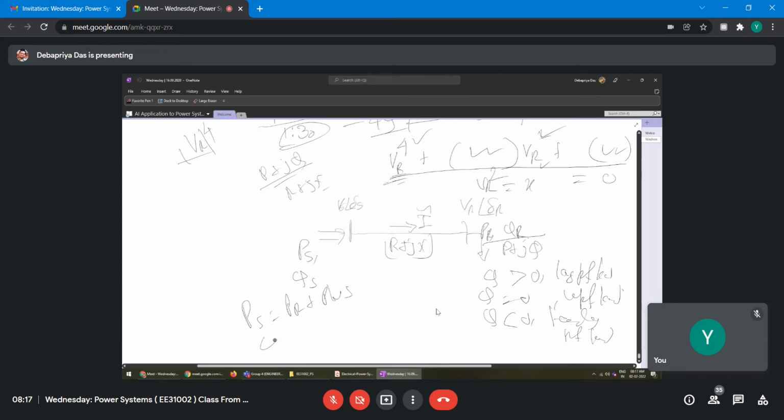Similarly, QS is equal to the receiving end reactive power plus Q loss, where Q loss means I square X, right? P loss means I square R, and QS means QR plus Q loss, I square X, right? So whatever power you measure at any point, for example, suppose you are measuring power as 15 megawatts.